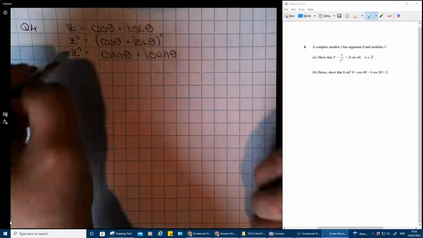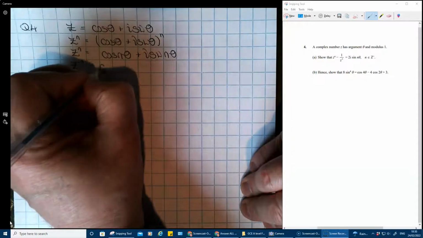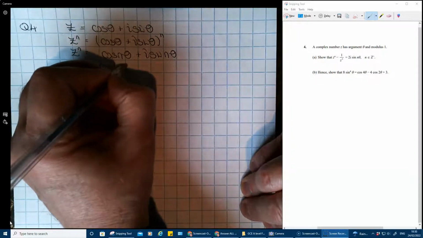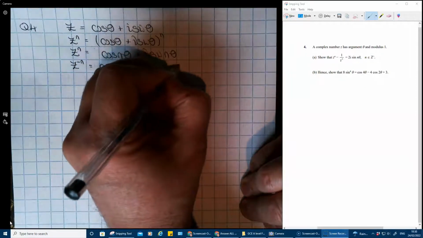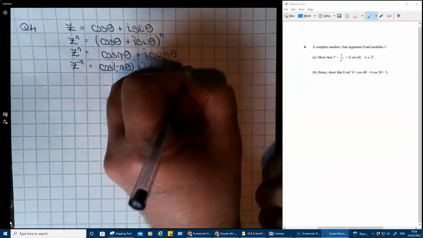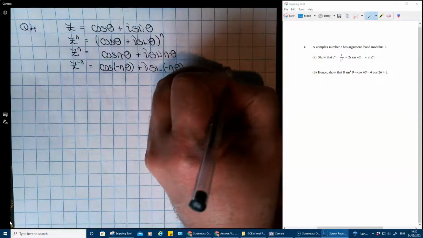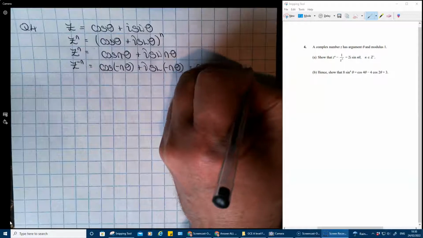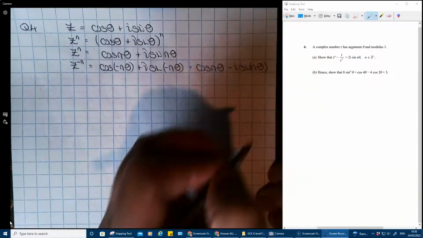And I also know that z to the minus n, just replacing all the n's with minus n, which is cos n theta, because cos is an even function, minus i sine n theta, because sine theta is an odd function.